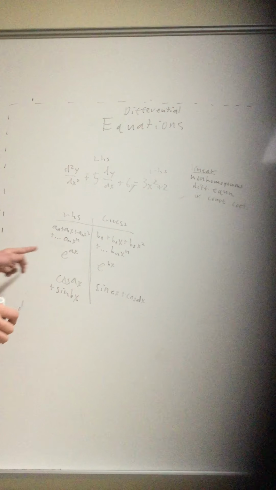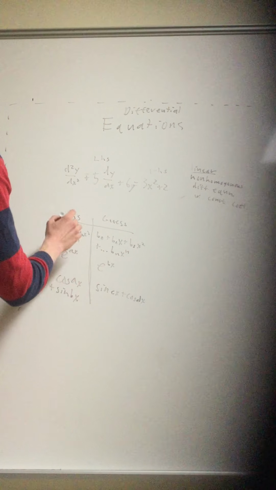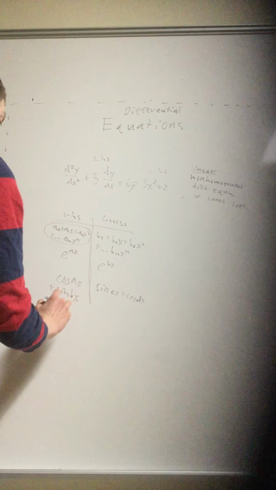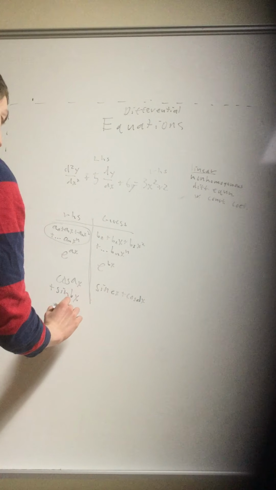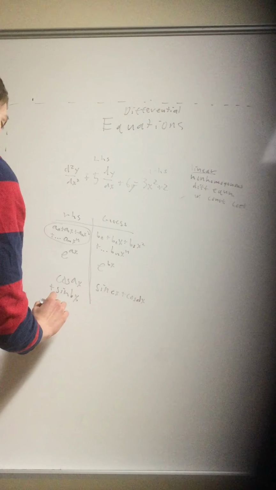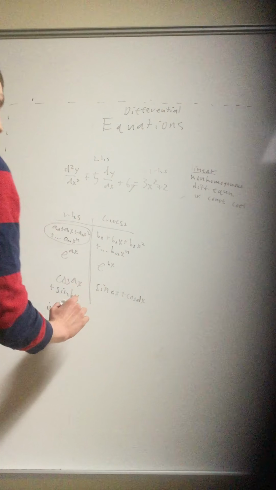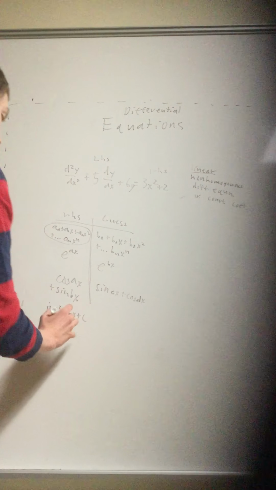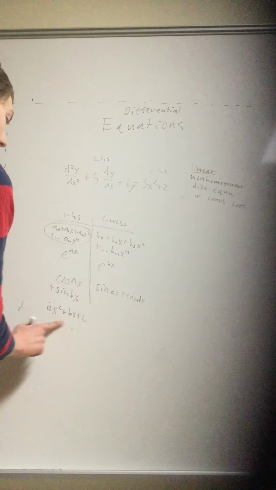So, this table tells us that our right-hand side is of this form. So specifically, it's ax squared plus bx plus c. In this case, b is 0, but that's okay.